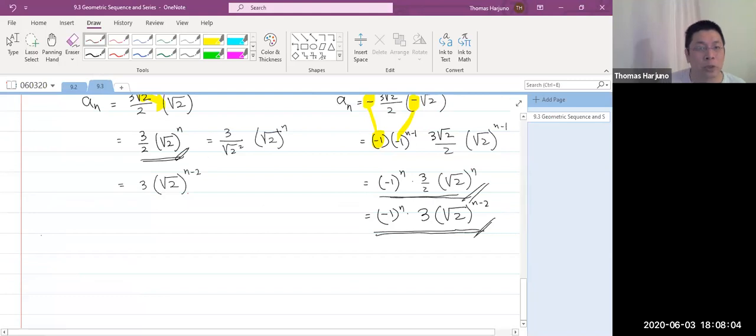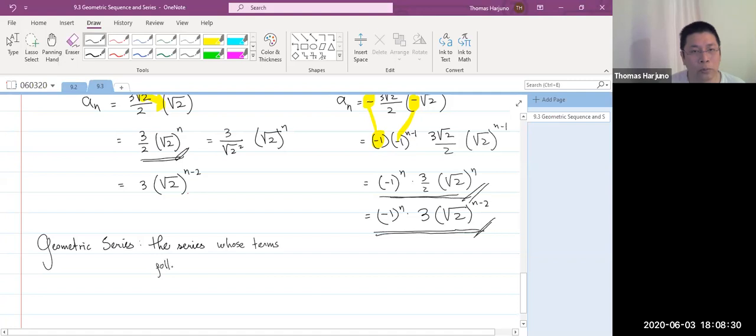Okay, a geometric series is the series whose terms follow a geometric sequence.